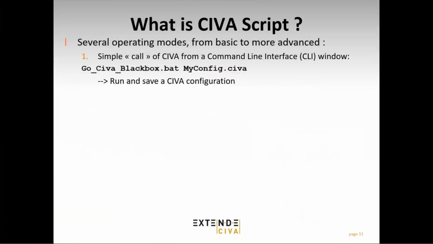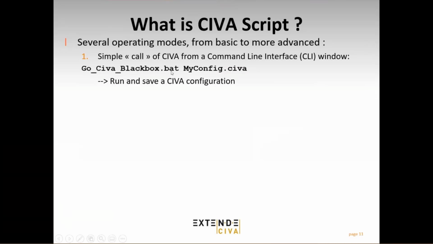You can consider different ways, and there are different levels, let's say, to use CIVA Script. First of all, you can consider CIVA Script as just a simple call of CIVA offline. For instance, you can call CIVA from a command line interface or maybe from another software. This simple instruction here in a command line will allow you to launch CIVA offline.